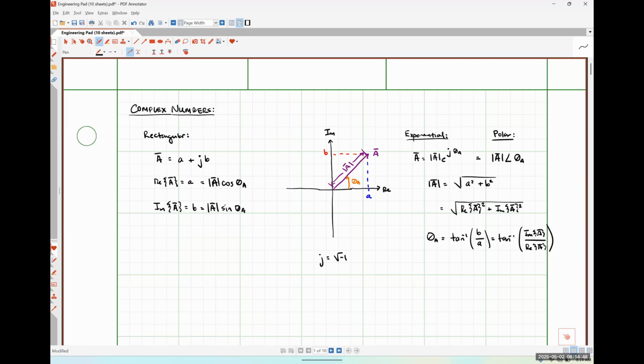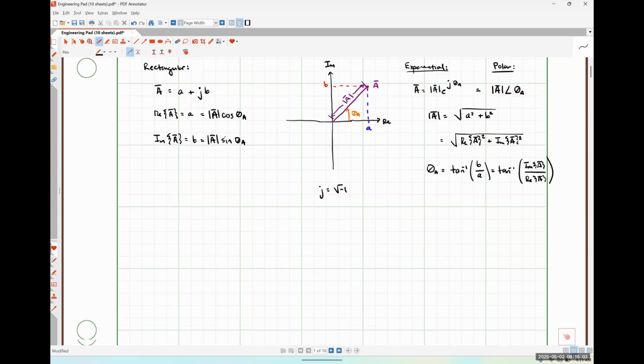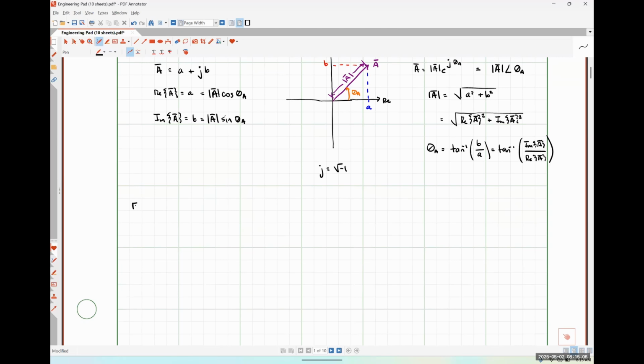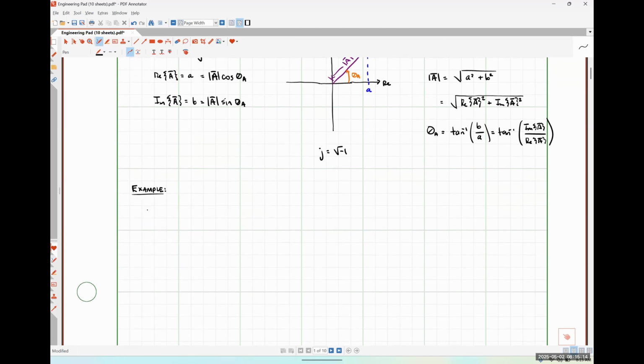Now, I will tell you that sometimes your calculator can have hiccups when we're doing this kind of stuff by hand. And I'll explain what I mean by that with an example problem here. Okay. So let's say that I have some complex number x is equal to -5 plus j3.